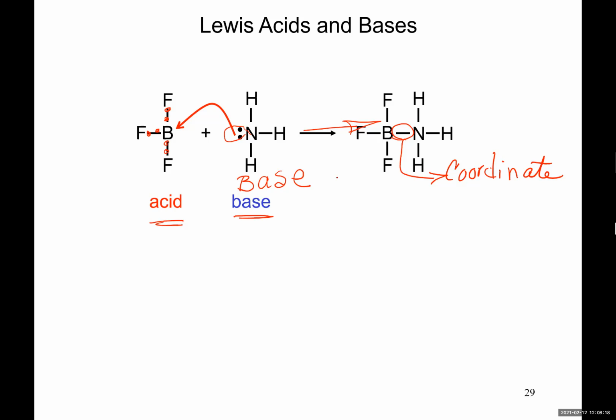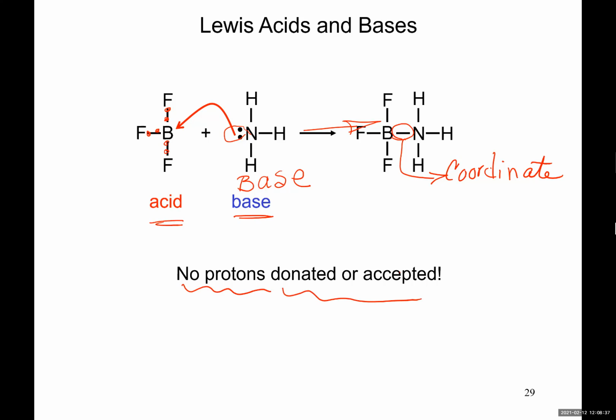Ammonia, as donor of electron pair, is a Lewis base, and the product is a coordinate compound. So the good thing about this definition of acids and bases is that there is no need for a proton. Compounds like BF3, which doesn't have any hydrogen ion, can be called an acid. Compounds like NH3, which doesn't have OH but is donating an electron pair, can be a base.